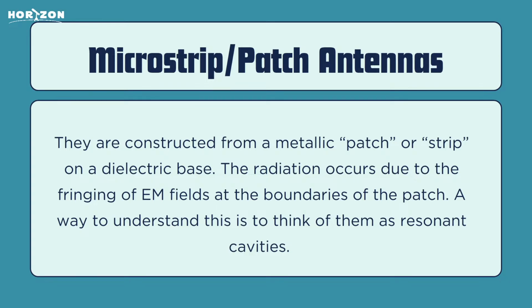Also, because these are finite in size, they have something called the fringing effect at their edges. So most of the radiation occurs because of the interaction at the boundaries of substances.